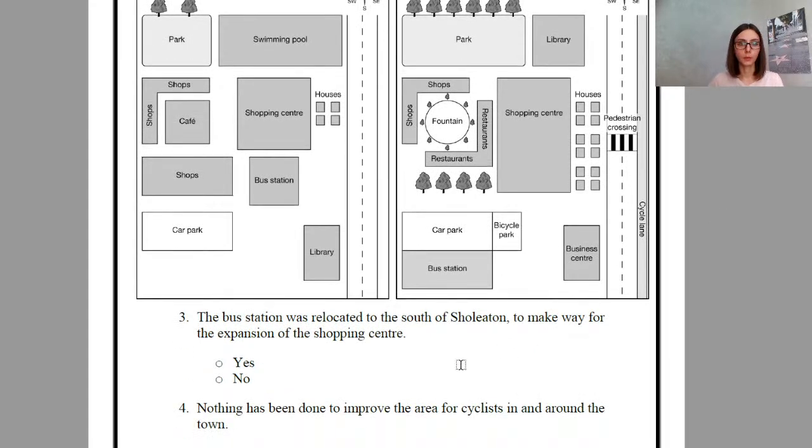The bus station was relocated to the south of Charlatan to make way for the expansion of the shopping center. So is it yes or no? Just take some time and give the answer.